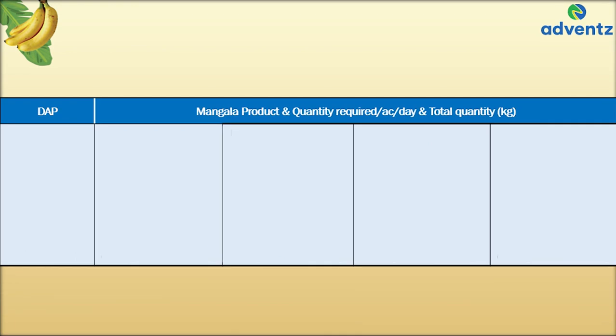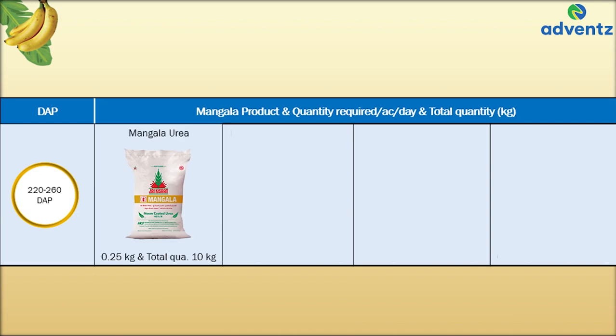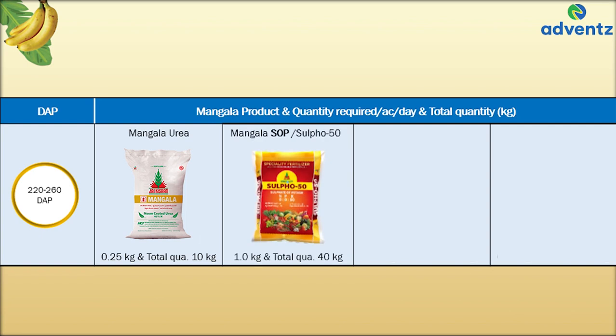The fifth schedule is planned for 220 to 260 days after planting. Fertigation should be done with Mangala urea at the rate of 0.25 kgs per acre per day, with the total quantity being 10 kgs for the entire 40-day period. Mangala SOP or Sulfo 50 at the rate of 1 kg per acre per day, with the total quantity being 40 kgs.